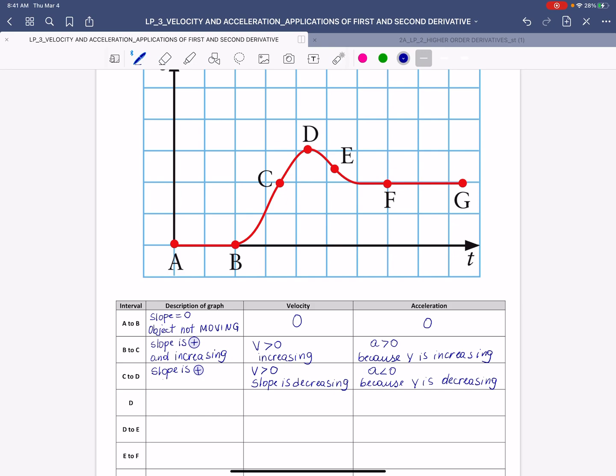Now, the next interval is at D. So we are going to talk about what happens exactly at this very moment. At D, the slope is 0. So what that means is that the object has momentarily stopped.